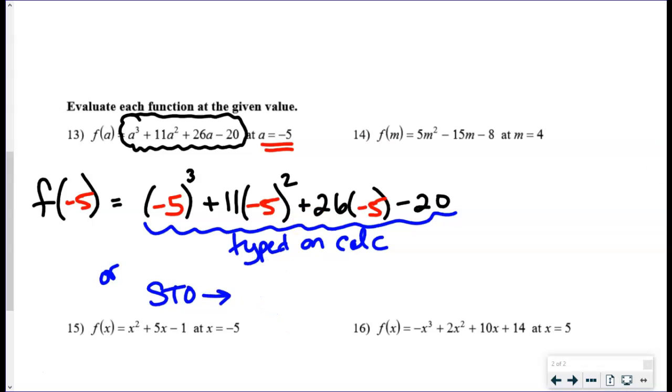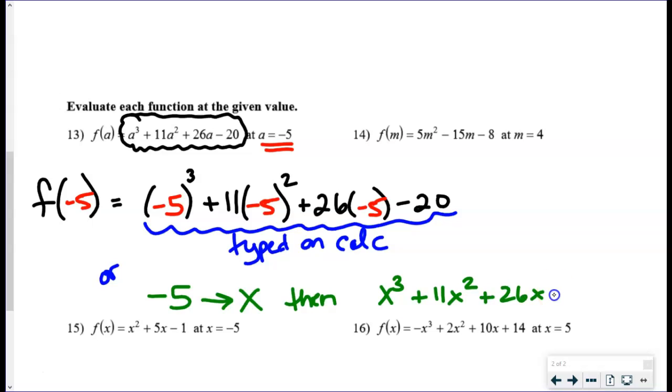You'd have to type the -5 first, and then you hit the store key, and you store it as X. Then you just type x to the third plus 11x squared plus 26x minus 20 and hit enter. And that, in my opinion, is a little safer for kids to do because they don't have to worry about extra parentheses when they're directly evaluating.